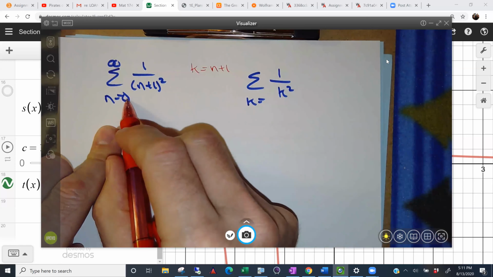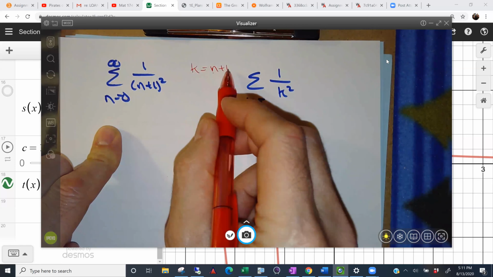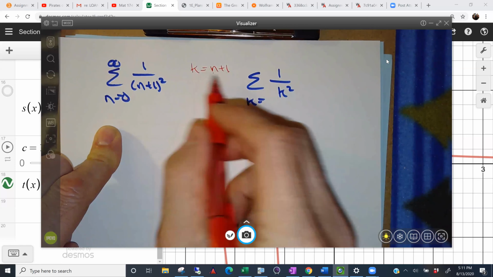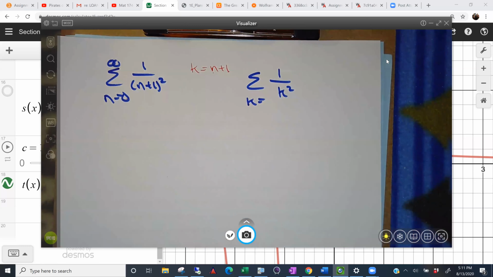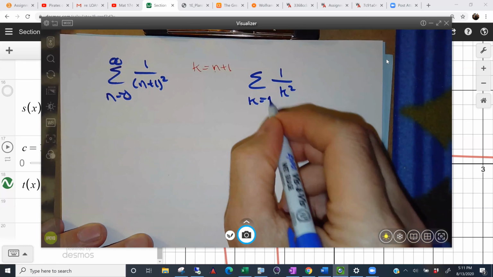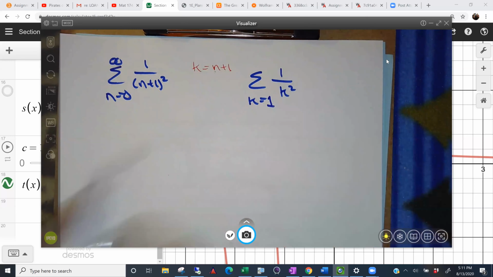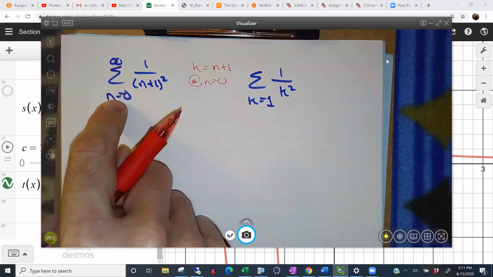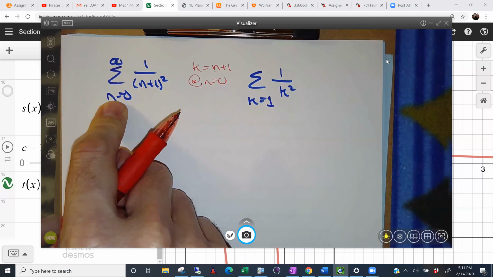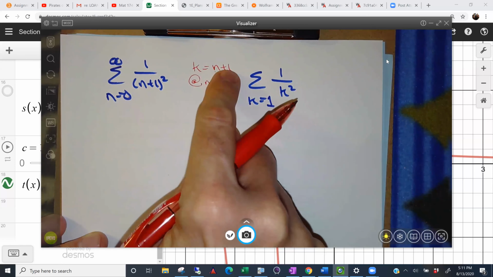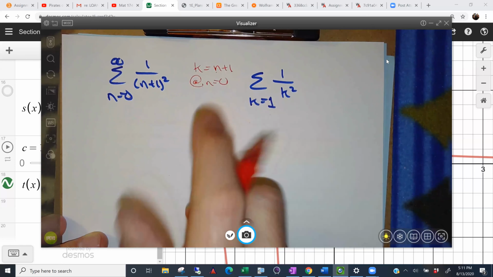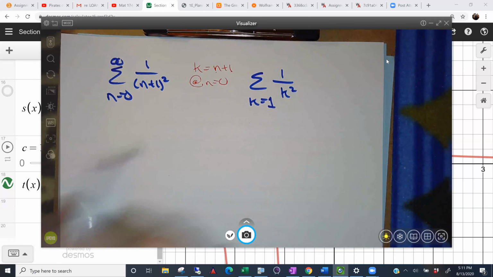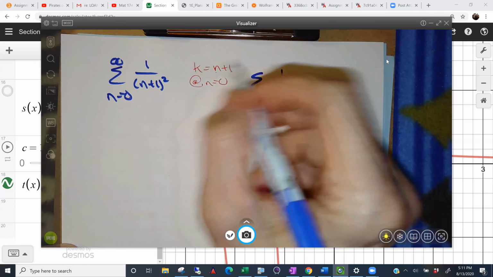At n equals 0, 0 plus 1, okay, that's going to mean k equals 1. So at n equals 0, which is where this series starts its summation, 0 plus 1 is 1. So k is going to start at 1. It's going to go all the way up to infinity, right? Because infinity plus 1 is still infinity.